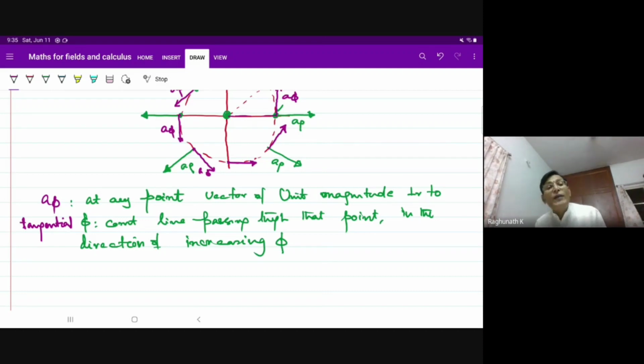Why is this field important? When you talk about the magnetic field created by a current carrying conductor, we know that it is in the form of circles. When the field line is a circle, the direction of the field at any point on the field line is the tangent drawn to that circle at that point.